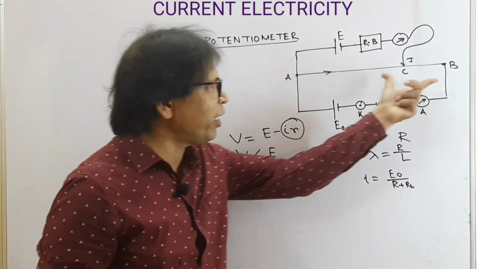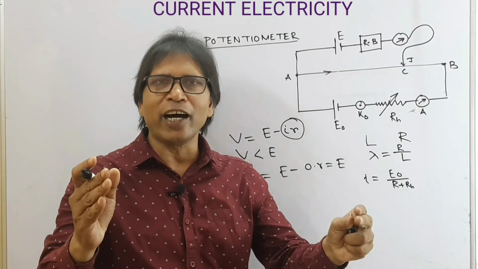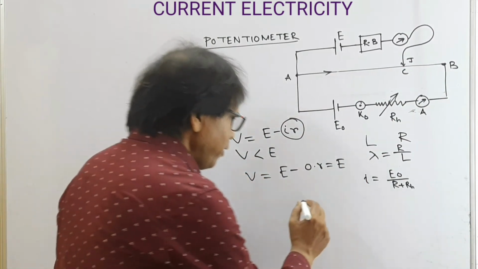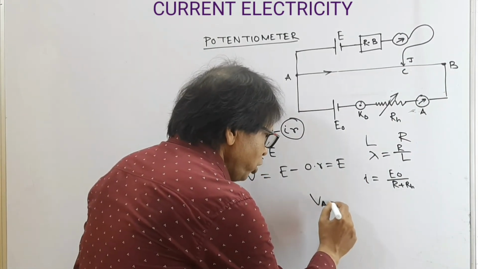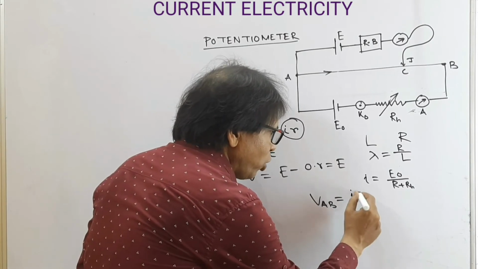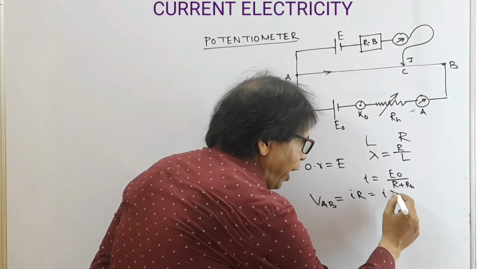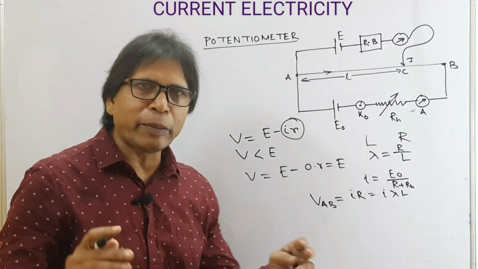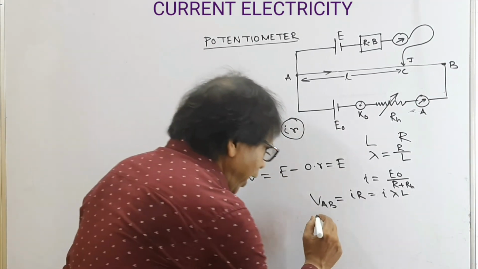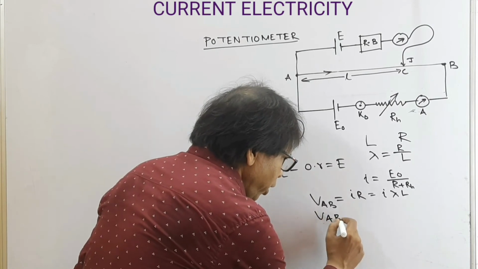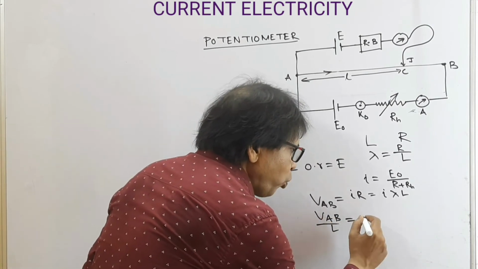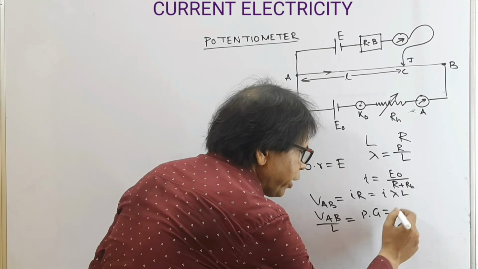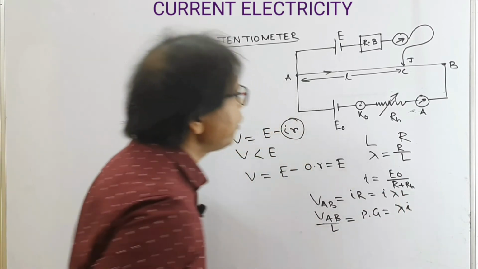The potential difference across the potentiometer wire VAB equals I into R, which is I lambda L. Now the potential difference per unit length, that is VAB by L, which is the potential gradient, is equal to lambda I.